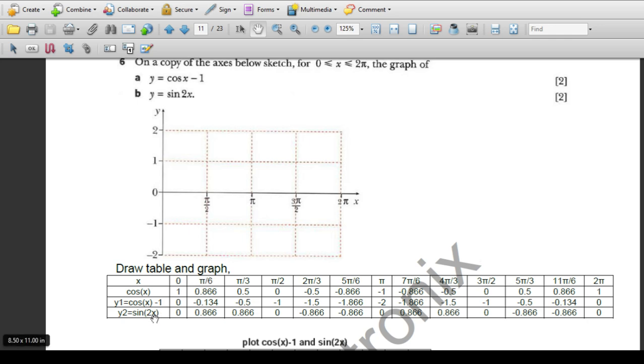So this is pi by 3 here, so this becomes 2 pi by 3. At pi by 2, in place of x, this becomes pi. Sine pi is 0. So that's why sine 2x becomes 0 at pi by 2. So this is obtained here.